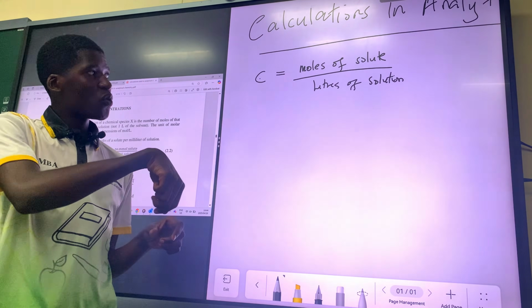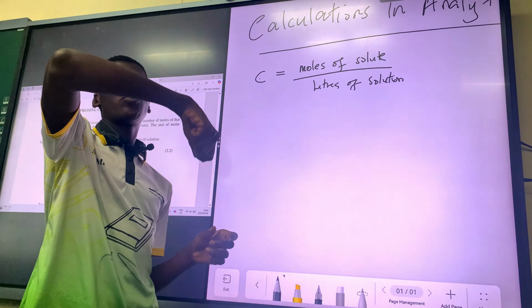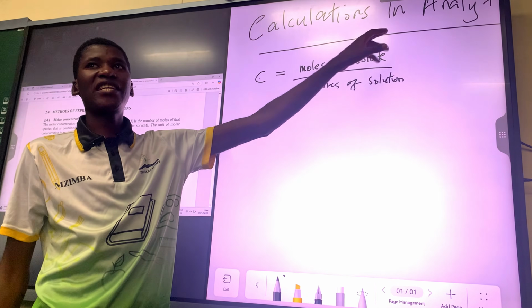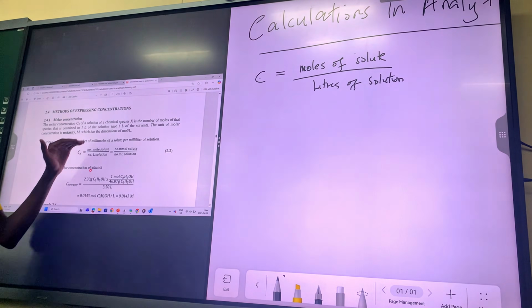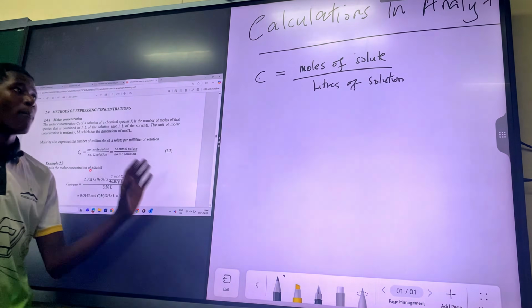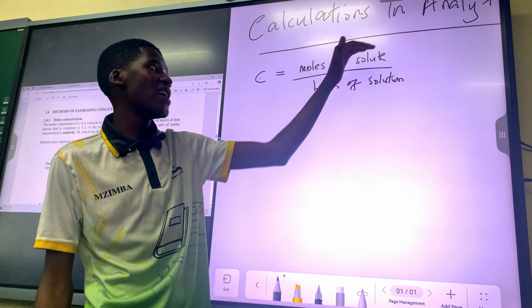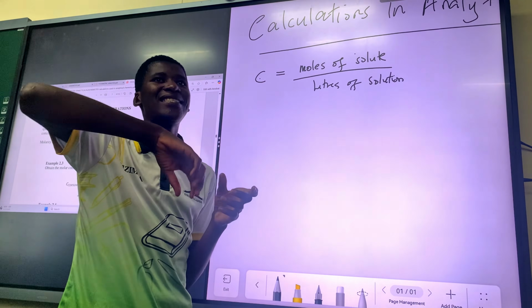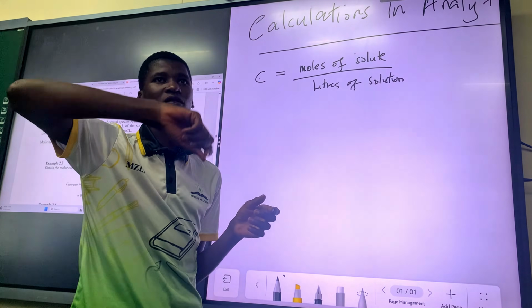When you are making a solution, you put the number of moles of solute here. The number of moles, remember, you calculate using mass over molar mass. Then the liters of solution: how many liters you have in the entire solution after adding water.